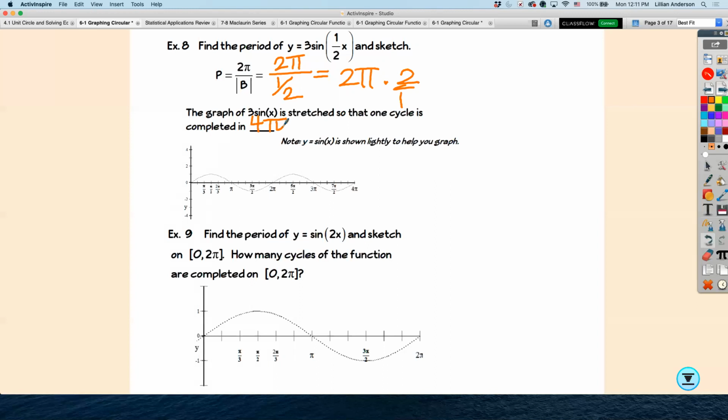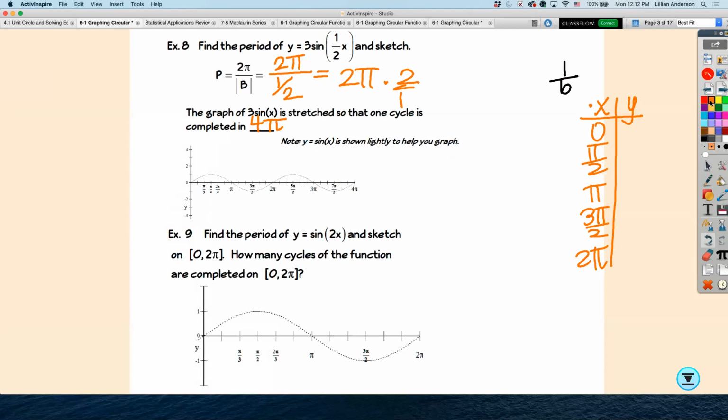So how does that affect our table? Remember our big 5: 0, pi over 2, pi, 3 pi over 2, and 2 pi. In order to apply your horizontal stretch or shrink by a factor of 1 over b, you essentially have to multiply your x values by 1 over b.